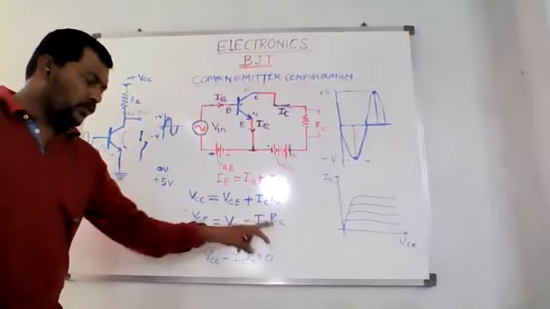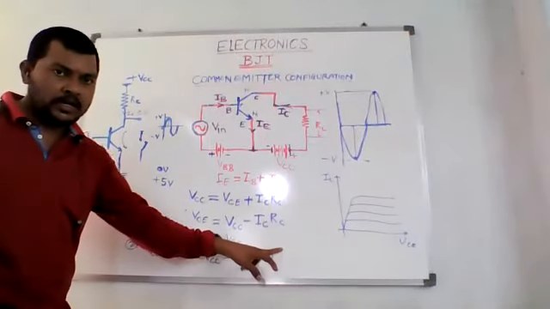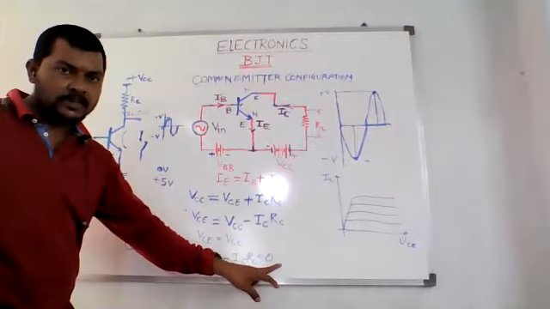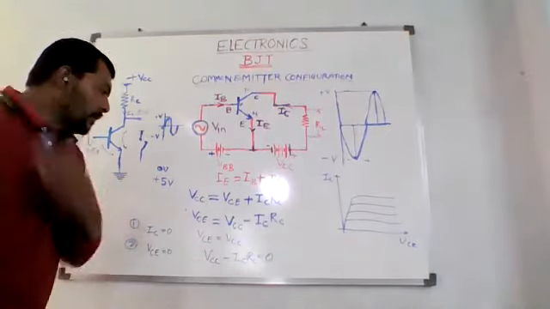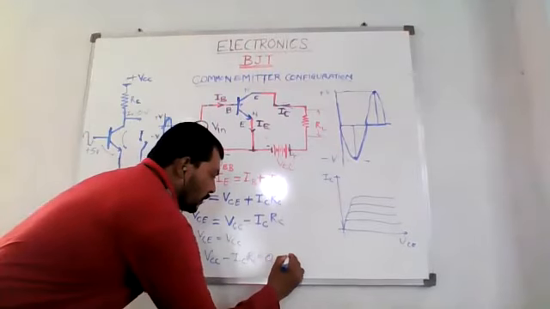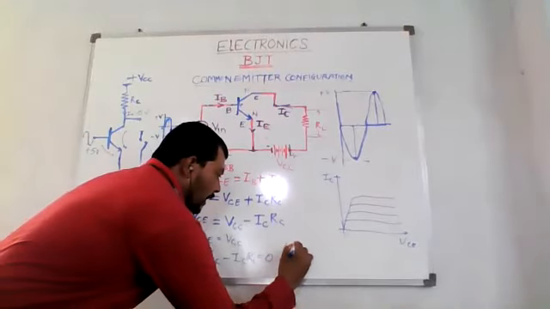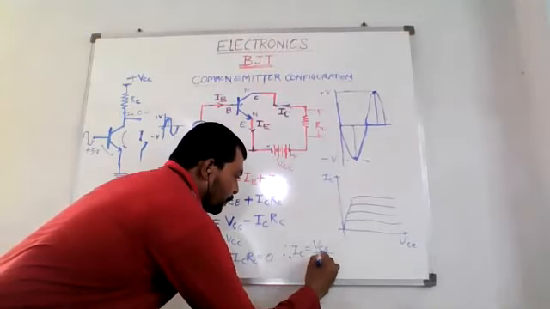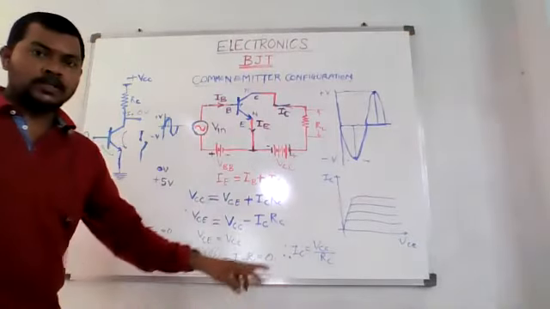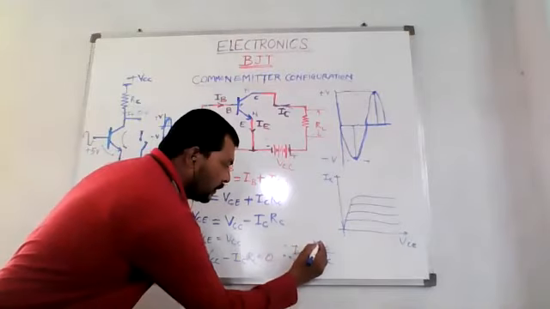So VCE, ये minus ICRC को उधर लेकर गया, तो ये plus ICRC हो गया, and IC will be equal to VCC by RC. So I will directly put that equation over here like this. Therefore, IC we will get VCC by RC. Depending on this equation, I'll be having this current.